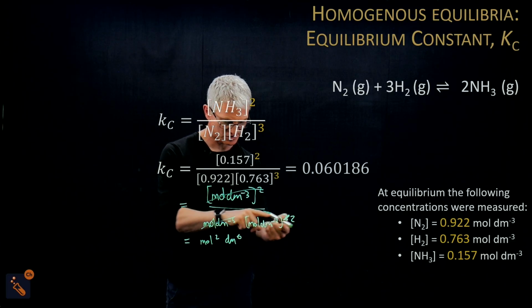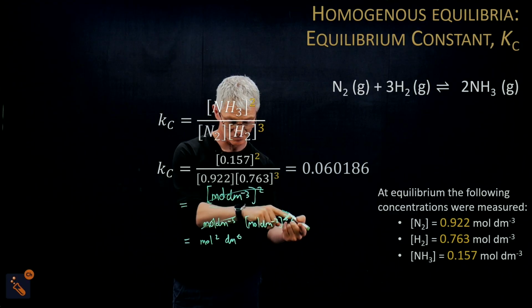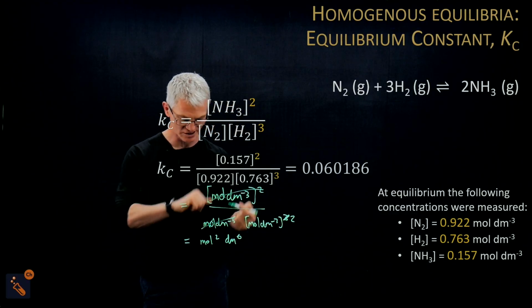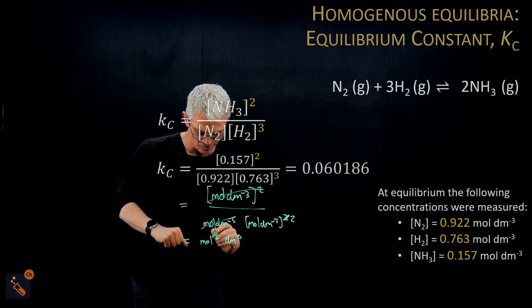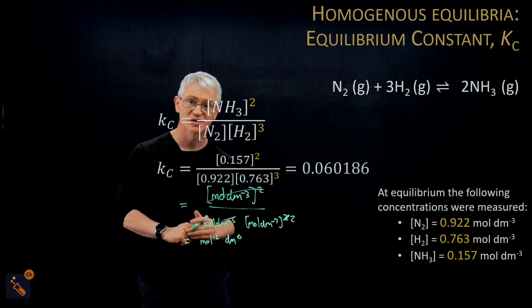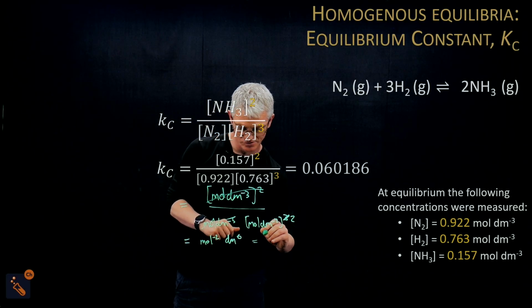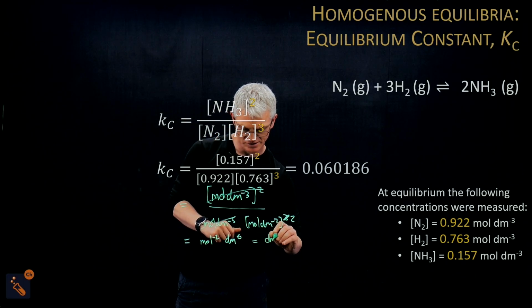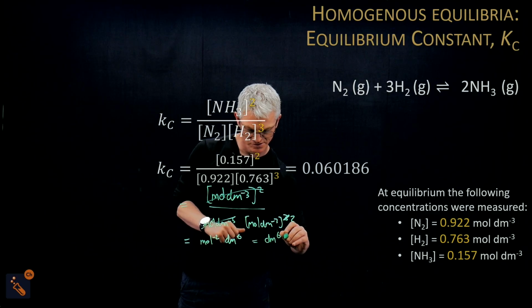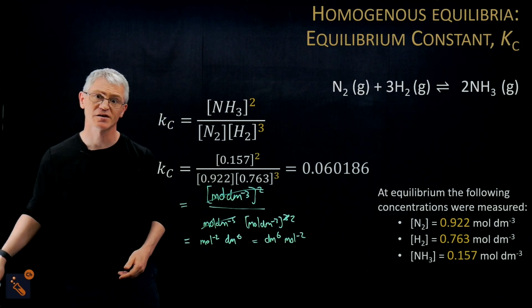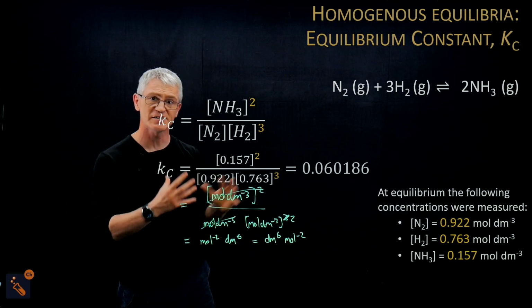If you're timesing that by -1, you've timesed it by 2 first, and now you're timesing it by -1 to get it up the top. That means that becomes -2, and that becomes 6, which means the examiners like you to put it like this. They like you to put the +1 first. And there you have the unit. Basically that is how you do units.